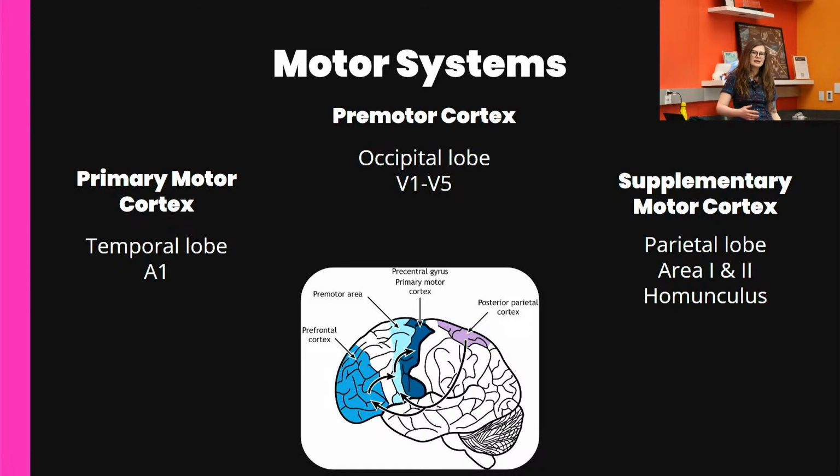If you were to close your eyes, you'd still know where you are. That would be part of proprioception. So again, it has more to do with the feeling of your body in the environment. And then premotor and supplementary motor cortices have to do with planning and action of movement.